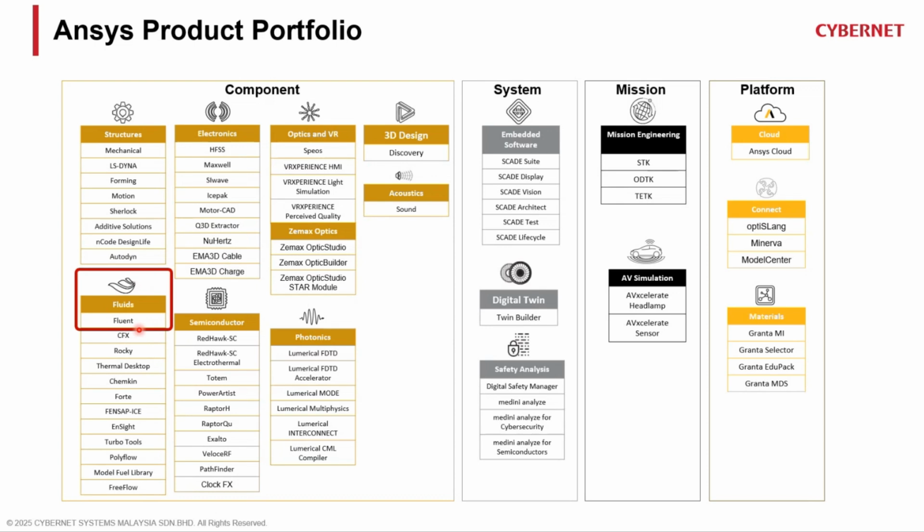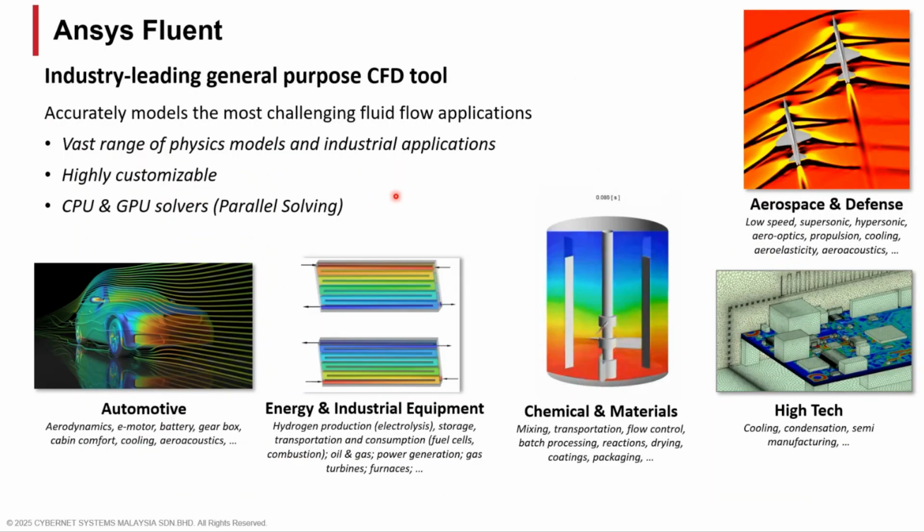Okay, so the software itself is Ansys Fluent. Again, this is basically an industry-leading, all-purpose CFD tool. It is used to simulate all kinds of fluid flow applications. Let me insert a few examples here.